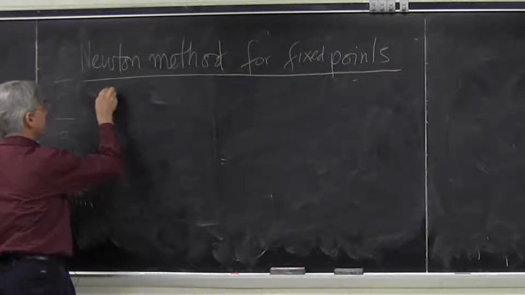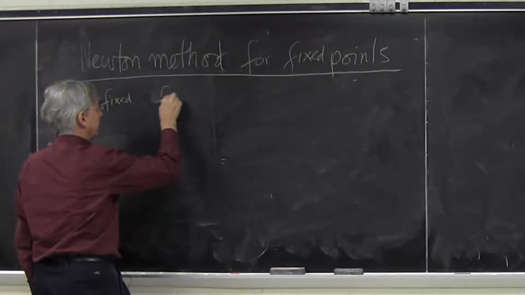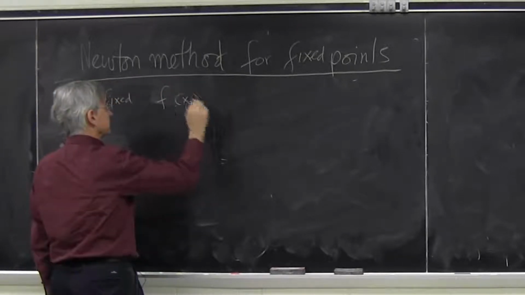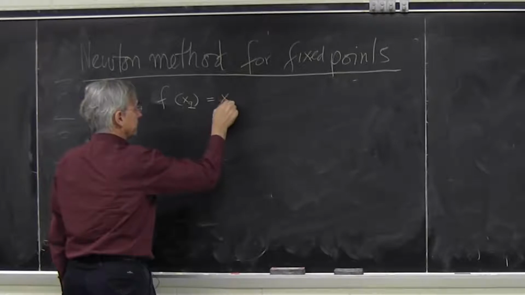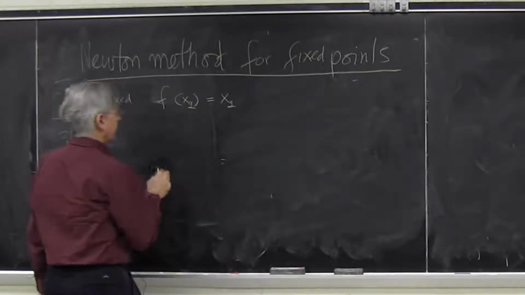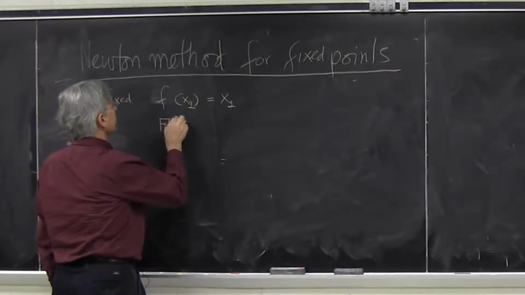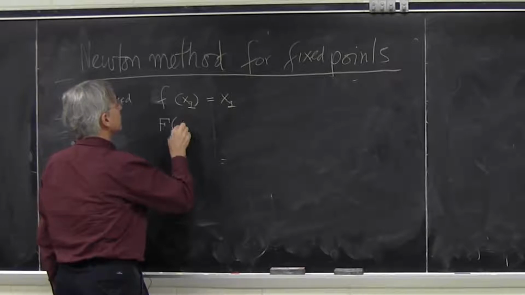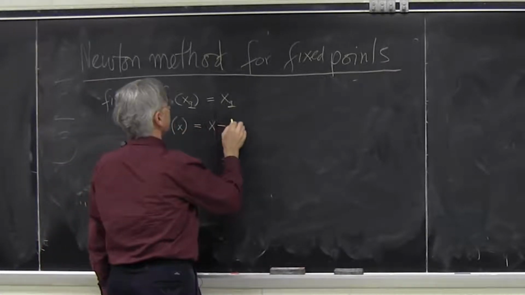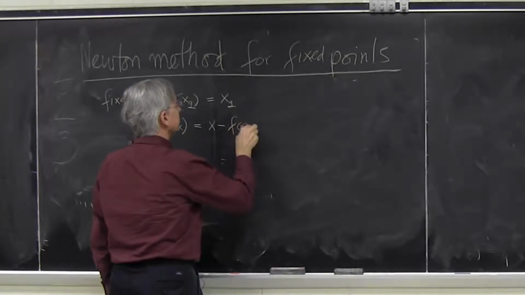A point is fixed if there is a map that takes it and maps it into itself. Totally simple. So that you can write 0 of a function of x equals x minus f of x.